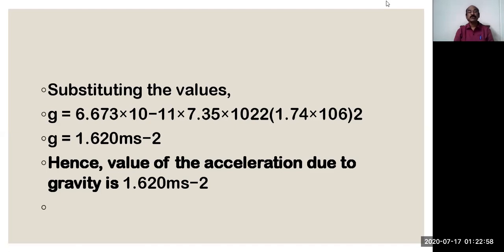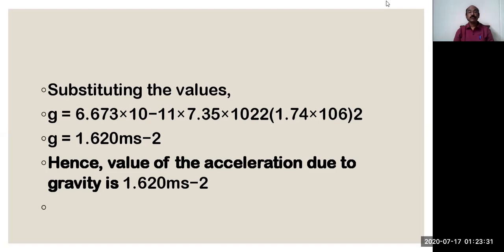This total length of the path traveled by the body is called distance, because it does not have a particular direction. It is a scalar quantity. But when the body moves in a particular direction, the shortest distance between the two points is called displacement.